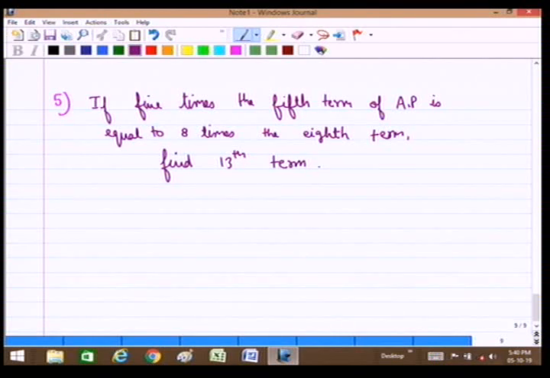No, Kohima, no one has received the videos on their WhatsApp group.